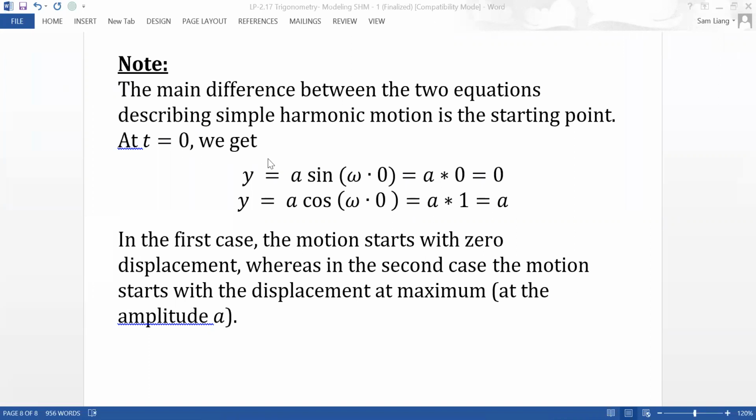So yeah, as you can see on the slide, there are two major contexts in which we use these equations for simple harmonic motion. First one being sine, it's as if we have the mass usually at the starting point of 0, right? If it's displaced already when we start the time, then we use cosine. So note here that we actually say maximum here, but it could also be a minimum, right?